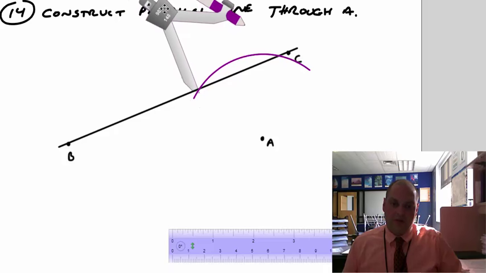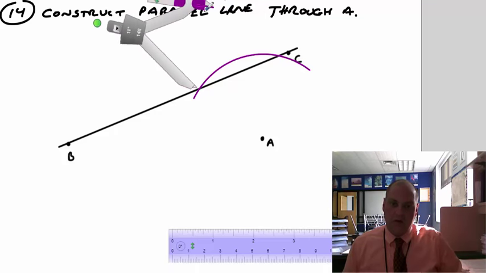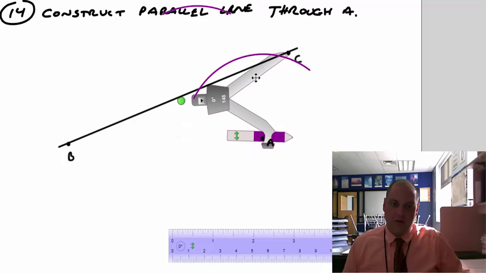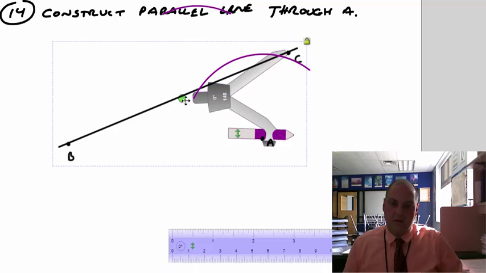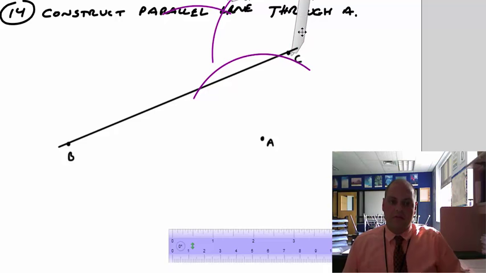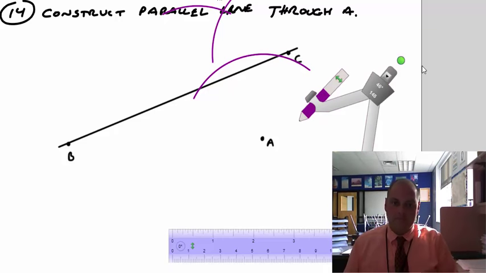And from those points we just created, we're going to make an arc out here and flip it around, put our compass on point C, and another arc. Okay, so from that point we created right there, we're going to connect that to point A.